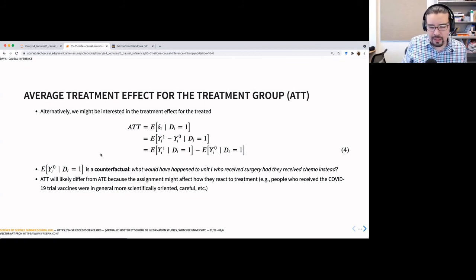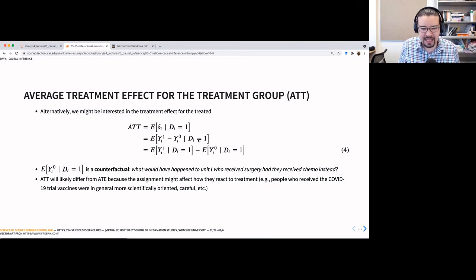Now, there are other quantities that are sometimes interesting and also impossible to measure, but they're interesting. So one of them is: what is the treatment effect if I choose to apply the treatment to someone?